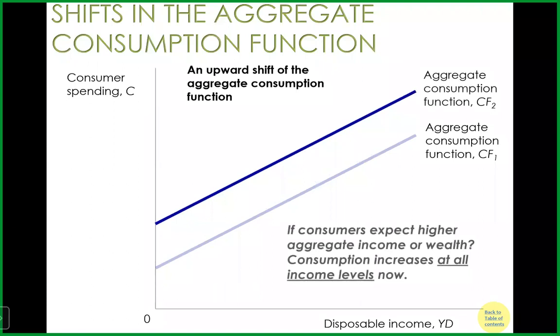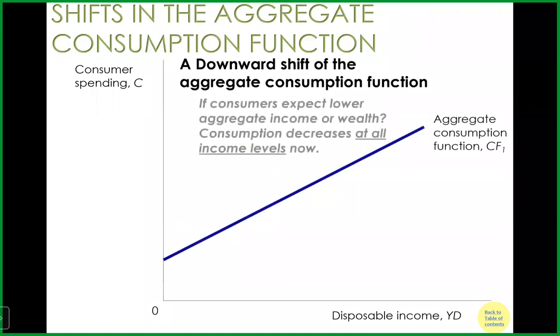Usually, it comes when we have a good expectation or high expectation about the future, and then you have confidence to spend. On the other hand, if you worry about the future, what's going to happen? You want to decrease the spending, right?